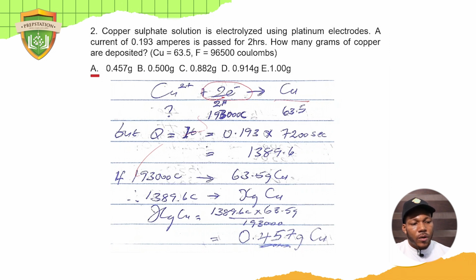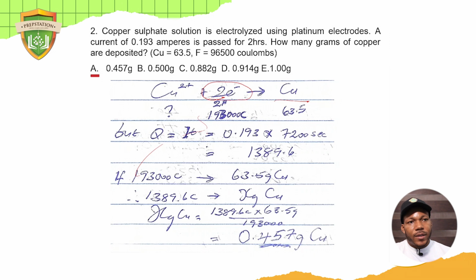So now you're given the current, but you're not given the reacting mass. Don't forget that 1 Faraday is 96500. But 2 Faradays will be 2 times 96500, which is 193,000 coulombs. So let's find the quantity first. How do you get quantity?